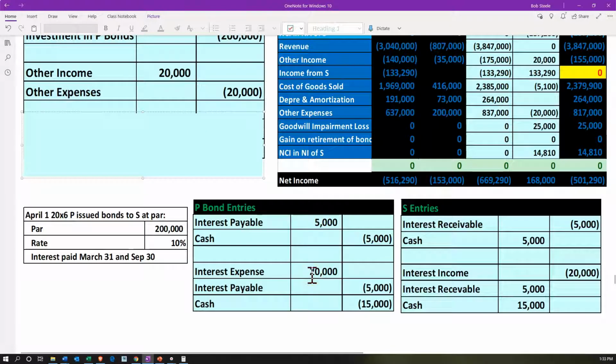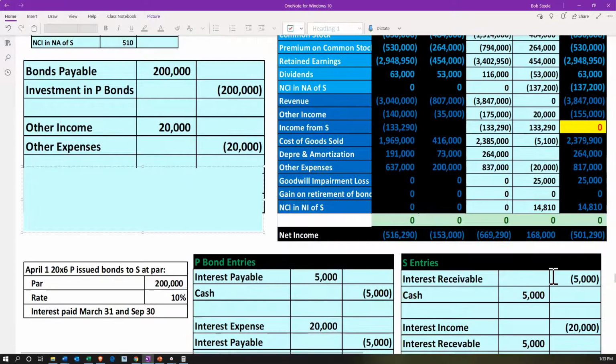So we've got the interest expense and the interest income both being overstated, so we will simply reverse them. Interest income typically having a credit balance, we're going to debit it to make it go away. The interest expense having a debit balance, we will credit it to make it go away, posting it out. We're going to record the interest income in other income up top, so it's included here. And then the other expenses, interest expense being included in that row, so that's going to be included here.